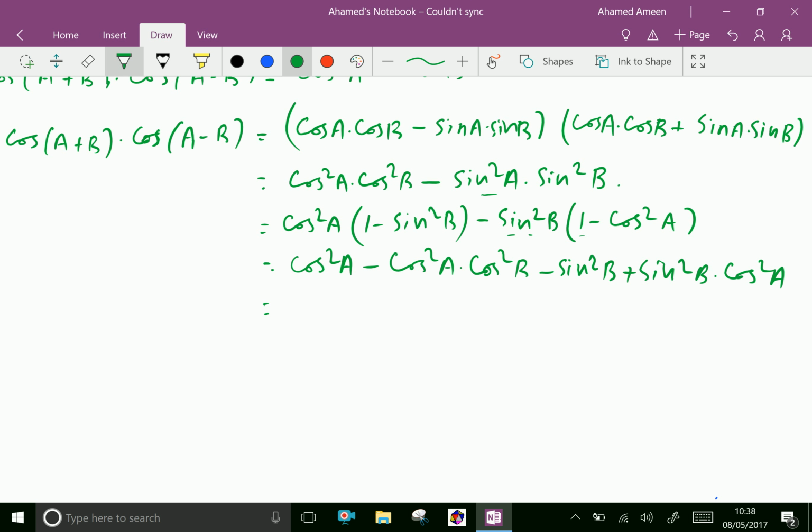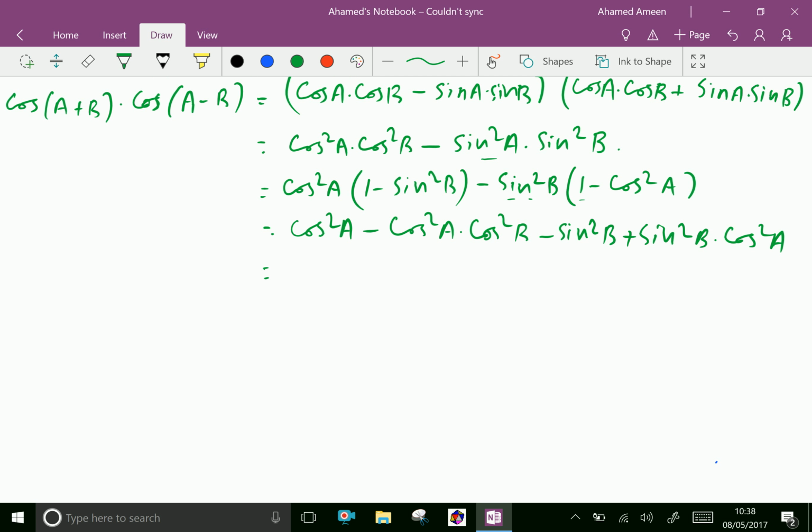Here minus cos squared a into sin squared b plus sin squared b into cos squared a, both common terms, and plus and minus cut.